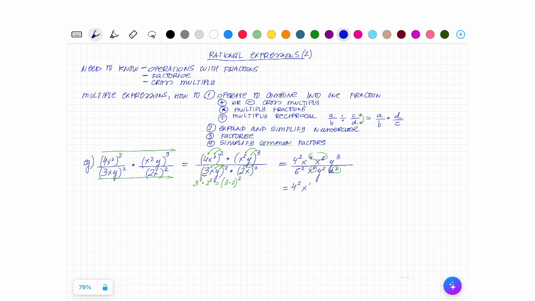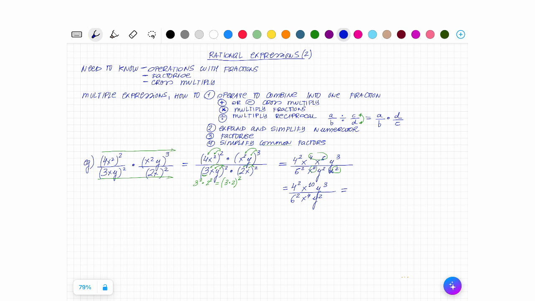4 squared x to the 10 y cubed over 6 squared x to the 4 y squared, and that's what we left as coefficients.